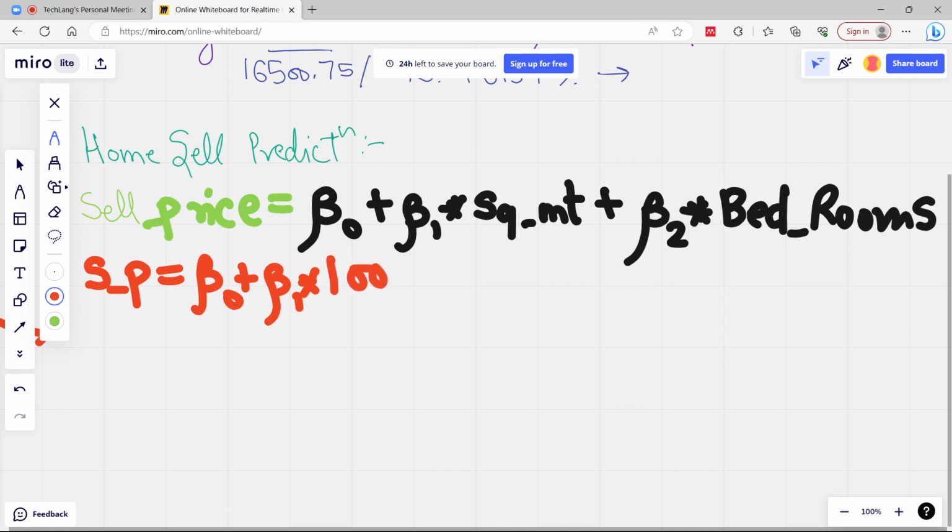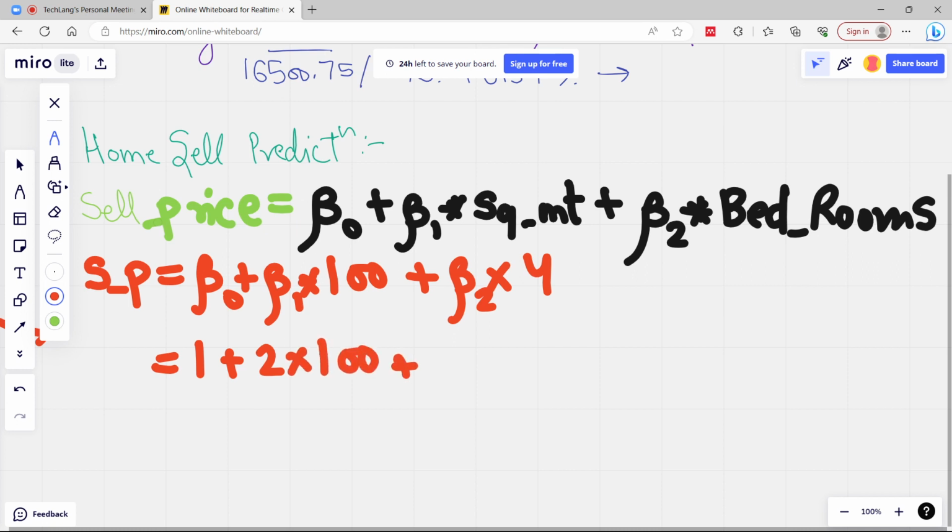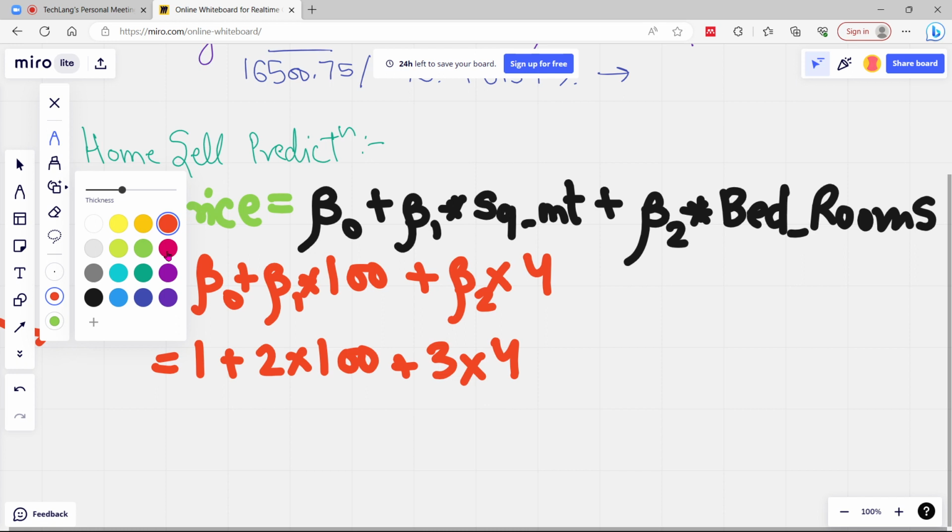Let's say my flat is 100 square meter, plus beta 2 is another factor, the bedrooms. I have 4 bedrooms. Now suppose beta 1 is 1, beta 2 is 3, and beta 0 is 2. I'll come to how to find beta 0, beta 1 and beta 2, but let me assume these are the values of my hypothesis.